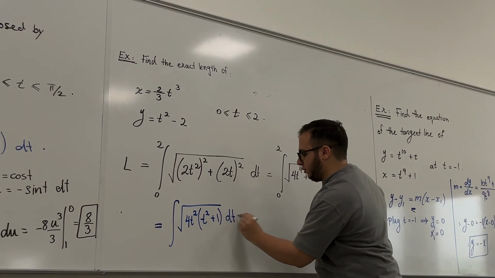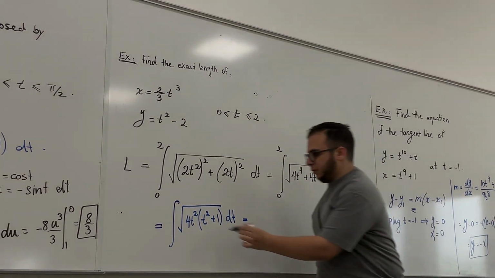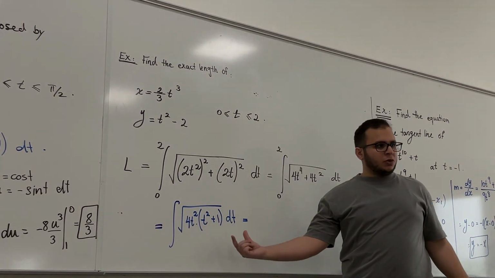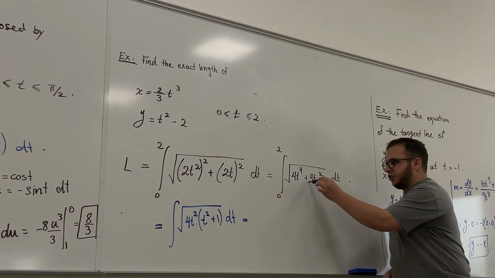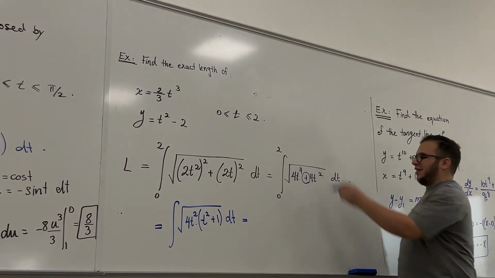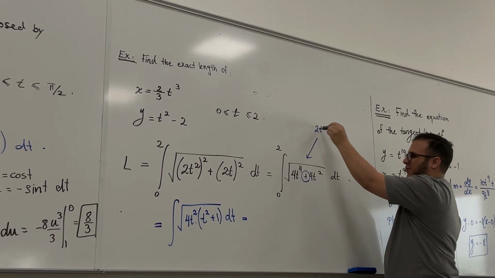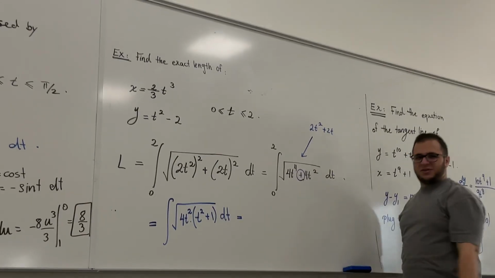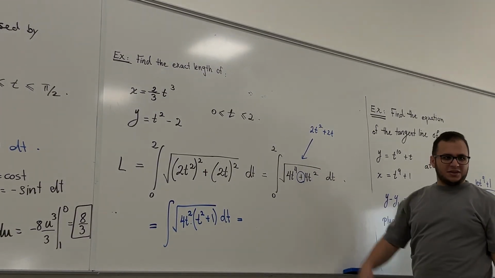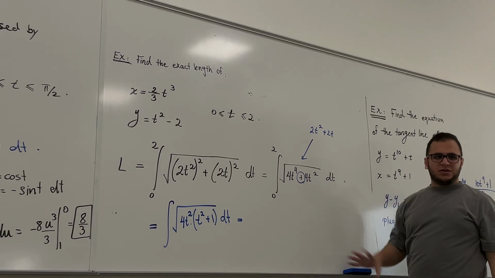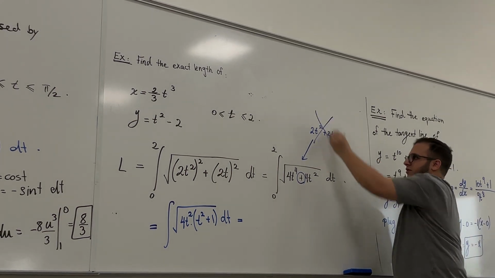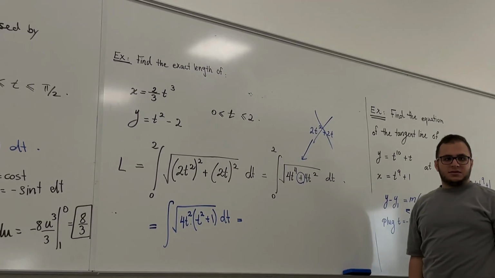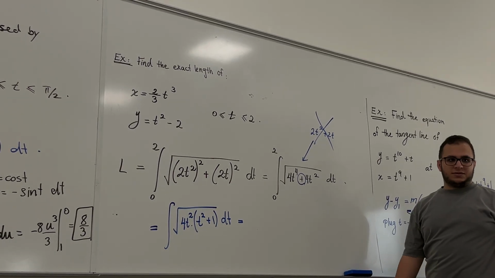Now I have multiplication. I can distribute the root on multiplication, not addition. Don't come and tell me this is 2t to the power 2 plus 2t, okay? You apply the root here plus apply the root, it doesn't work. This is garbage, okay? Please, don't.